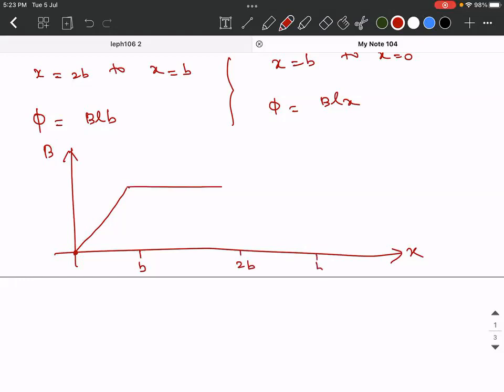And from 2B to B, again the flux is constant. And from B to 0, it is decreasing.